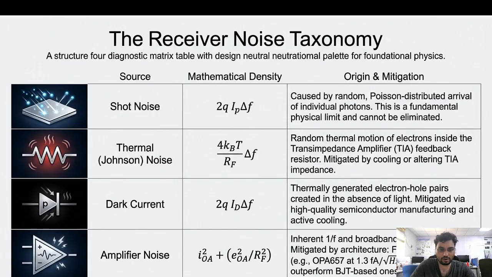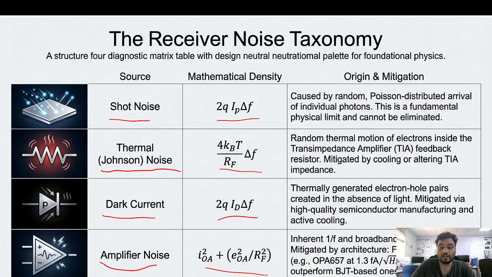One of them is noise, and there are many types of noise: shot noise, thermal noise, Johnson noise, dark current, and amplifier noise. Mathematically the noise density is given, showing how we can calculate it, and the origin and mitigation are also mentioned here.